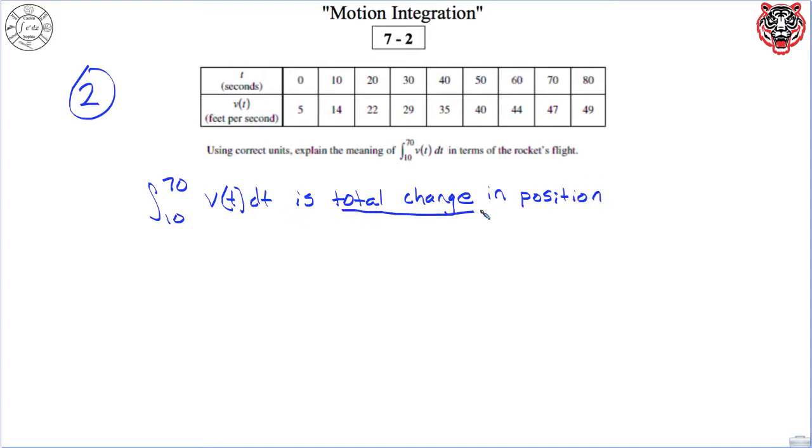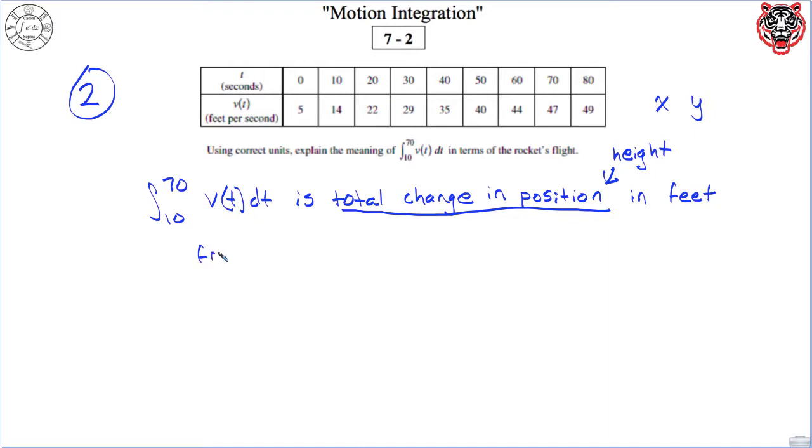And that's the key, total change in position. And I guess if you're being specific, since we know it's a rocket, it would be height. We know that position is either a variable with x or a variable with y. If it's a rocket's flight, it's probably going to be y, unless it's flying horizontally, like to another continent or something. And what is our unit? It's in feet.